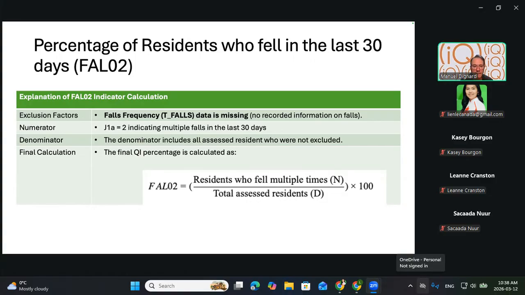A high fall rate may signal issues with mobility support, maybe medication management, maybe environmental safety. It's also one of those indicators that is publicly reported in Health Quality Ontario. So it plays a key role in how facilities are evaluated on resident safety outcomes.